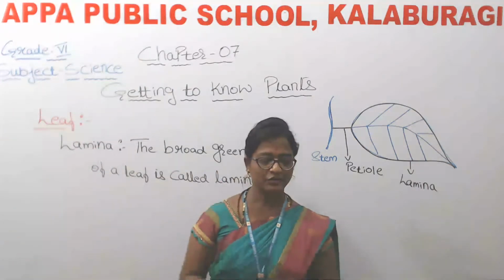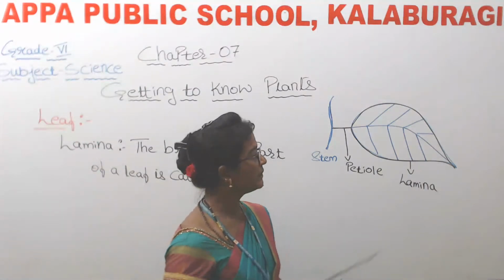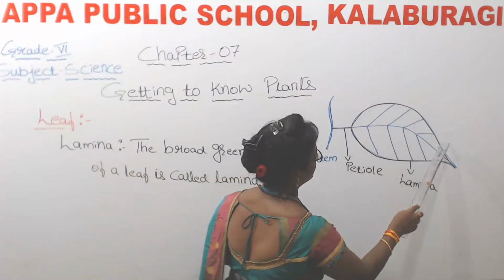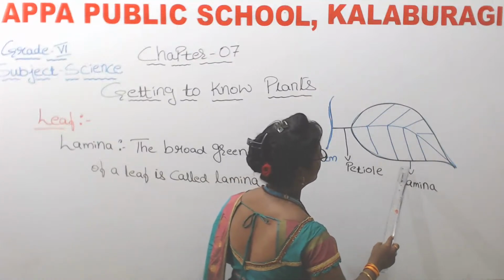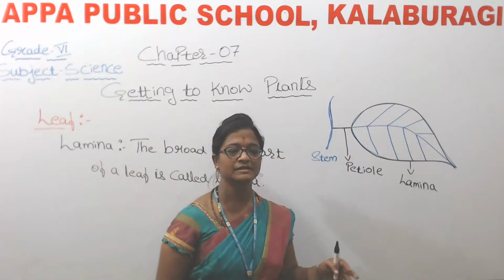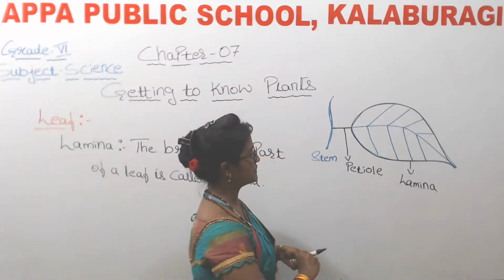The broad green part of a leaf is called lamina. So this part, the broad green part of the leaf, is known as lamina.